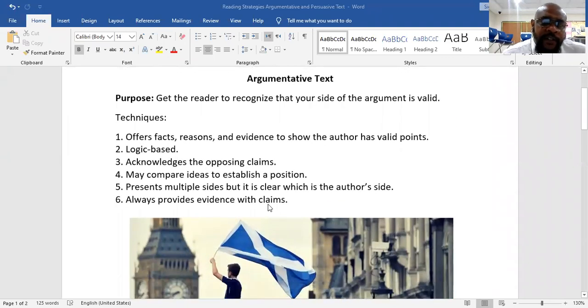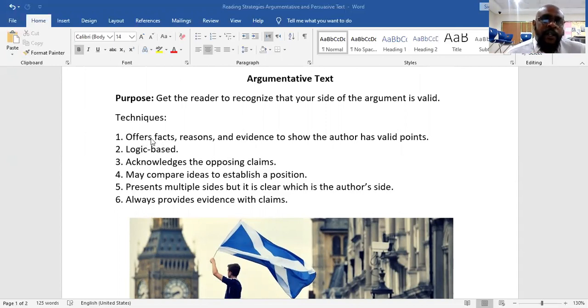An argumentative text, the purpose of it is to get the reader to recognize that your side of the argument is valid, or that your side of the argument has genuine merit, right? And they use 6 standard techniques to achieve this.